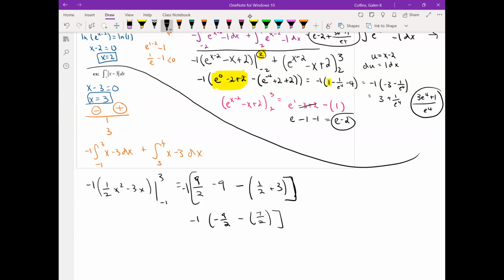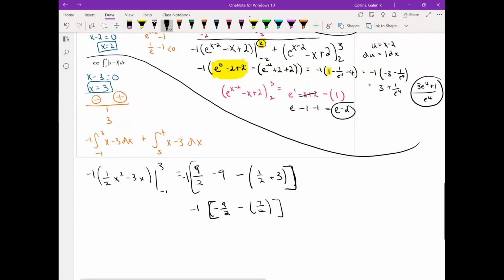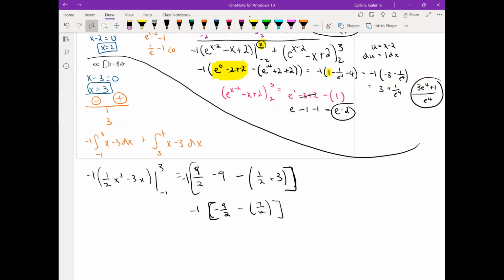You never know if it's gonna be right or not. Probably not. Okay, so let's see. -9/2 minus 7/2. That would be -16/2 or 8/2. Or 8, which times -1 should be a positive 8. All right, we'll see. I hope that's right.